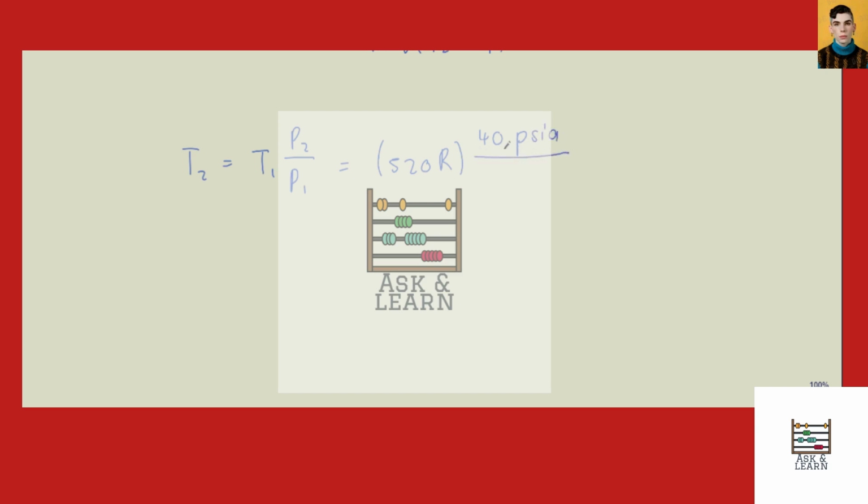The initial pressure of the system is 30 psi. And so we get a final temperature of the system to be 693.3 R, which corresponds to 233.3 degrees Fahrenheit. So that's our final temperature of the system.